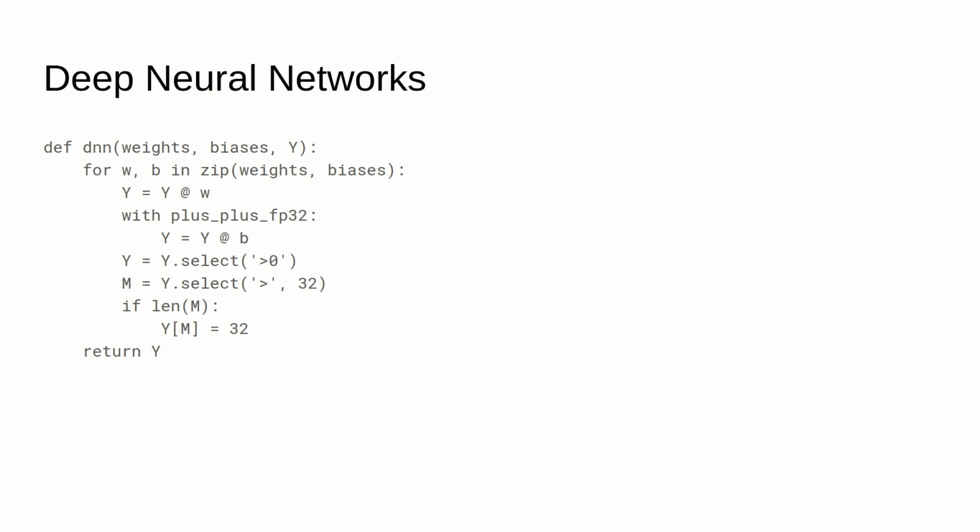That line takes everything out of y that's greater than 32 and assigns it to a matrix M. If there are any elements in M, meaning its length is non-zero, then use M to do what's called a masked assignment, assigning 32 to those elements in y that are greater than 32. And that's the H function in the equation. You loop and repeat until there are no more layers, and you're done.